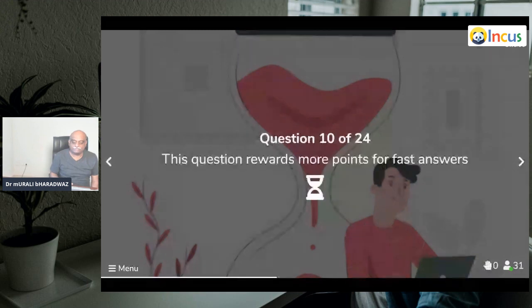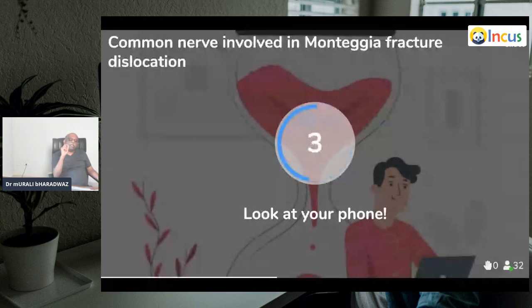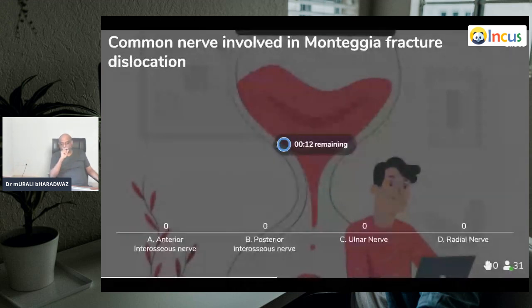Now, question number 10. Monteggia fracture. What is the common nerve involved? Yes. Monteggia fracture.